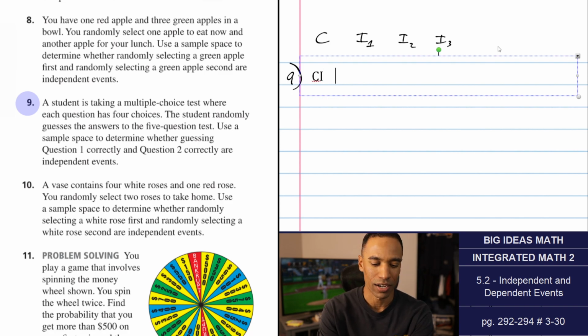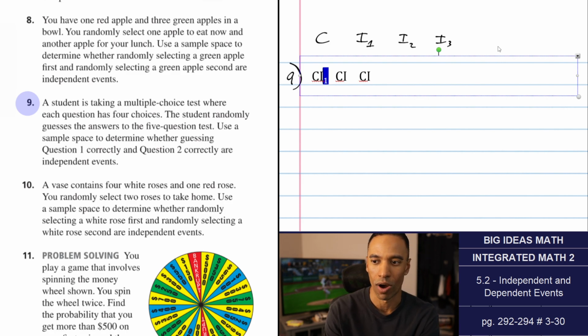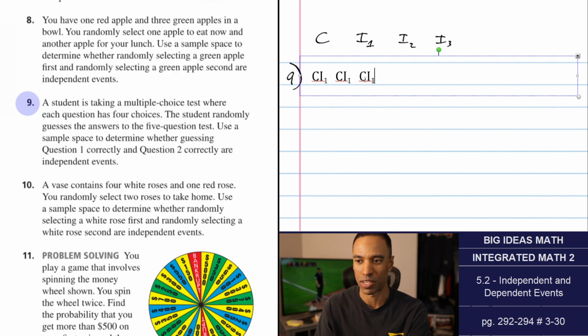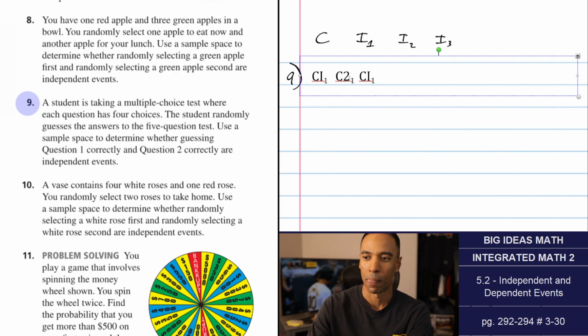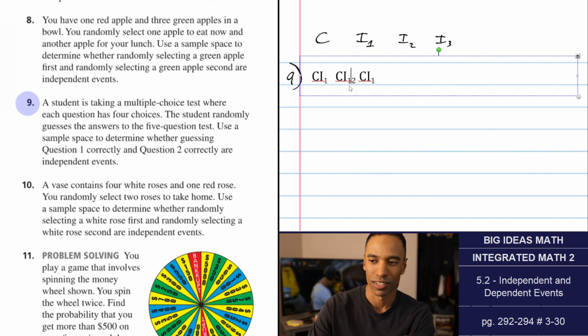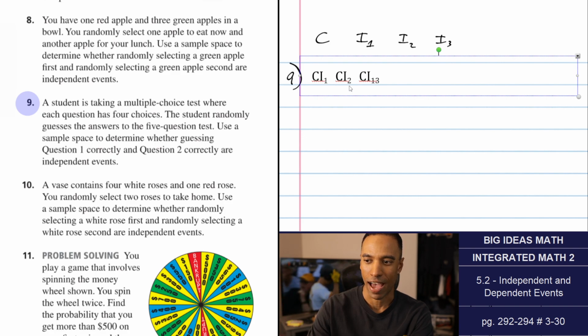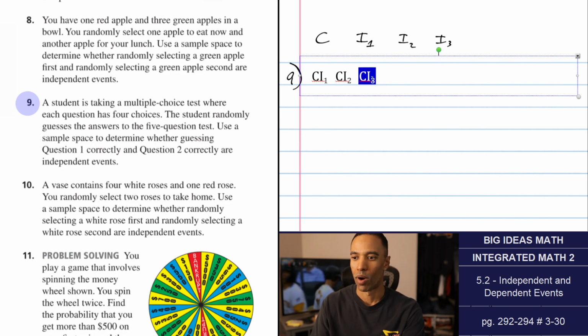What I want to do here is the correct and incorrect that I just did before, but notice that there are going to be different ways you can get something incorrect. There's incorrect 1, or incorrect 2 or 3. This is going to be a larger sample space to actually do. So you can be correct on the first one, but get 1, 2, 3 like that.